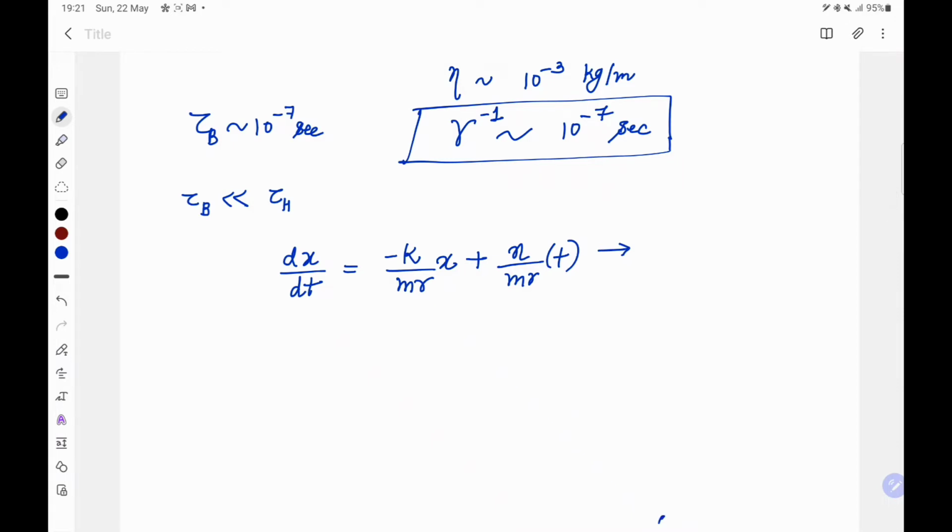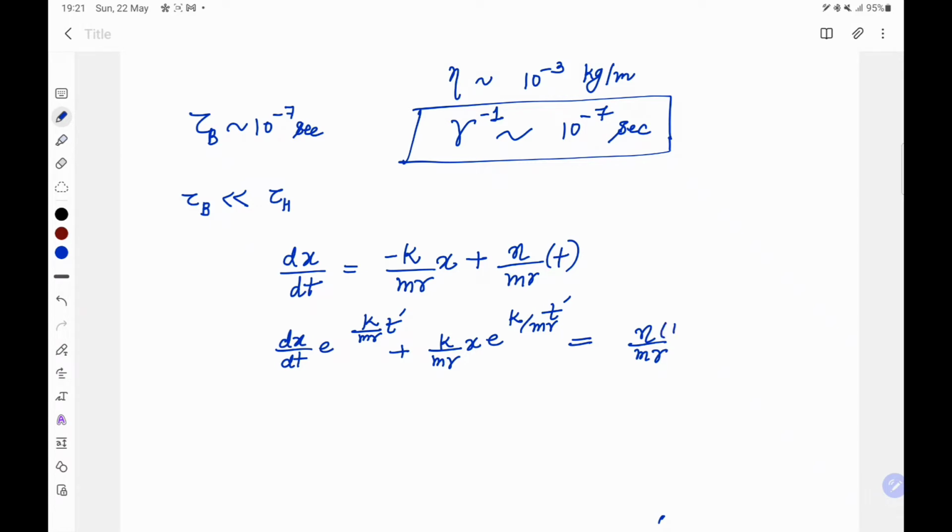So now let us start to solve it. Similarly, with the integrating factor, dx over dt e to the power kappa over m gamma t plus kappa over m gamma x e to the power kappa over m gamma t is equal to eta over m gamma, let us denote it by t prime.